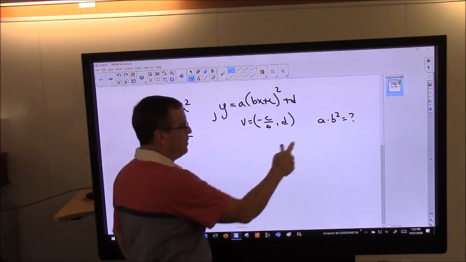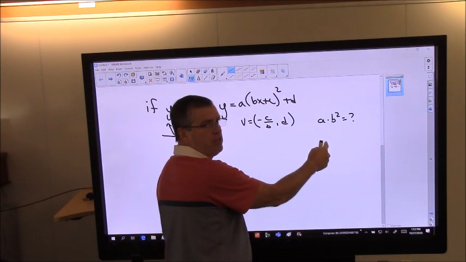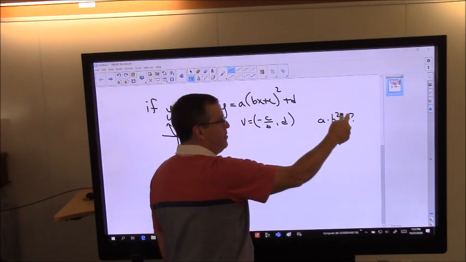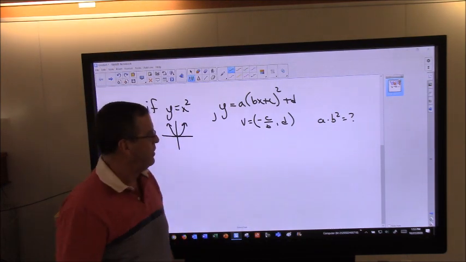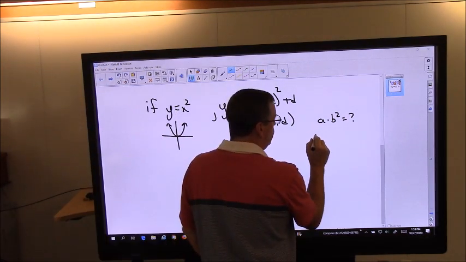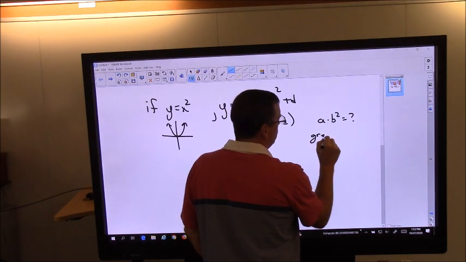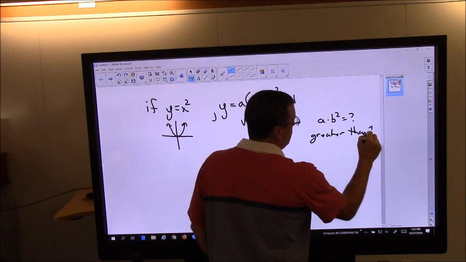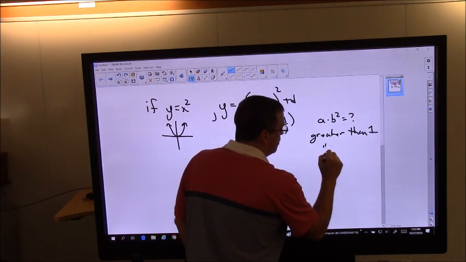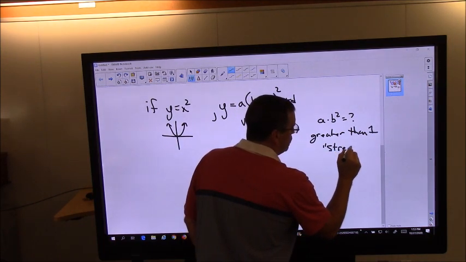Think about that. If you go 2 units over from the vertex, you got to square that, you go up 4. But if that's a 2, I got to go twice as far. I just increased the y values. When this is greater than 1, we're going to use the word stretch.